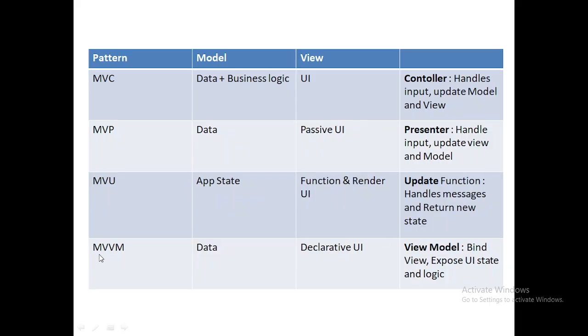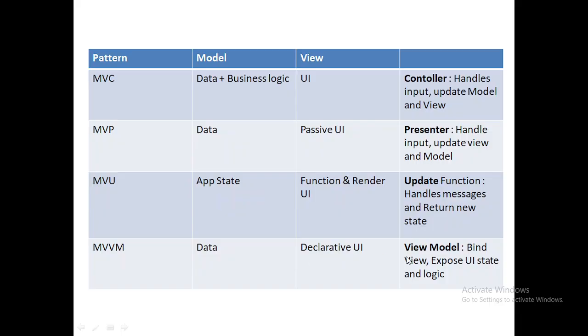So the last one is MVVM, model view view model. That is the main thing. MVVM is widely used in the industry, and it is a base software architecture as well. We'll see it in more detail in the next video, what MVVM is and how to implement it in upcoming videos. M stands for model, which is the data. V is the user interface.